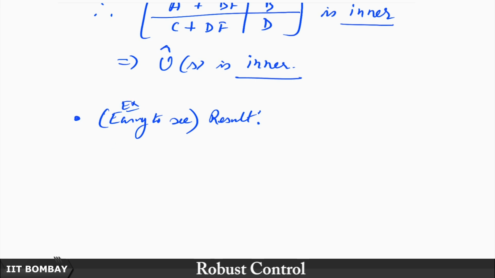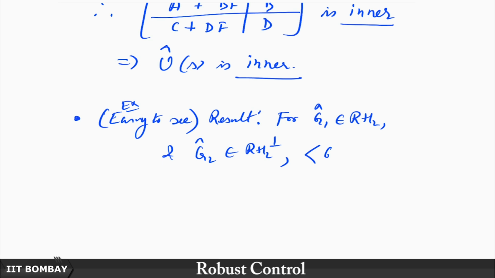For G1 in RH2 and G2 hat in RH2 perp, the orthogonal complement of this. You know, when two subspaces are such that one is the orthogonal complement of the other, that means everything that you pick up from RH2 perp is going to be orthogonal to any object in RH2. When we say orthogonal, we mean if you take an inner product of a fellow in RH2 and a fellow in RH2 perp, then that inner product is going to lead to 0.